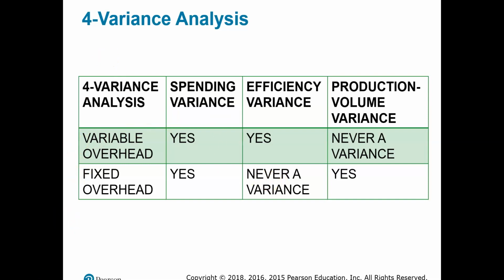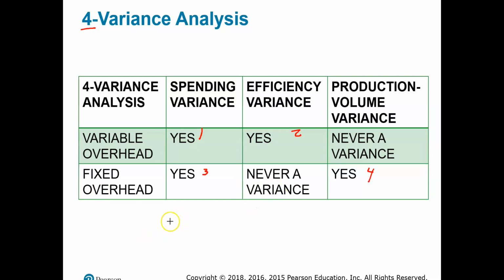It's called a 4 variance analysis because we have variance 1, variance 2, variance 3, and variance 4. And again, with variable overhead, we never have a production volume variance. So that's not a variance there. And with fixed overhead, we never have an efficiency variance. But that is our 4 variance analysis.